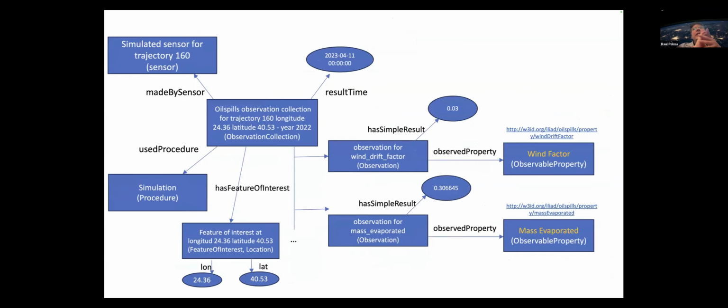And similar with another example from the oil spills pilot from Iliad. Here you also have a collection of observations for some trajectory. And then you have the sensors, the procedure, the feature of interest, and the result time. Everything is shared by all of the different observations. And then the individual observations just say specifically the value, the simple result, and what the observed property was.